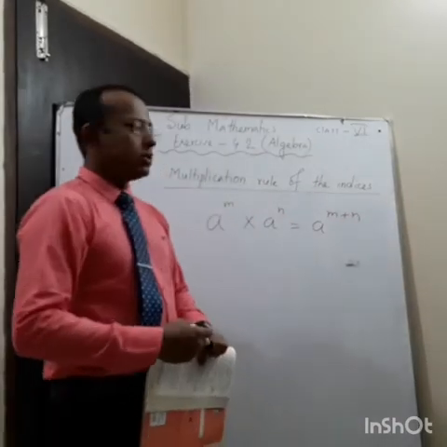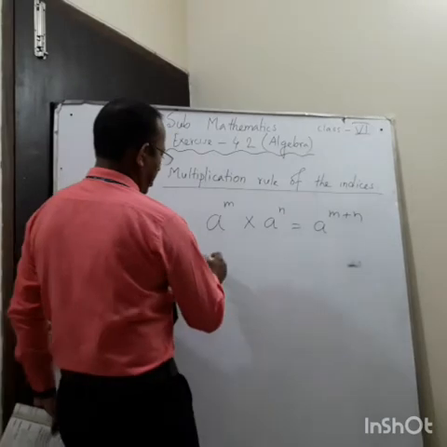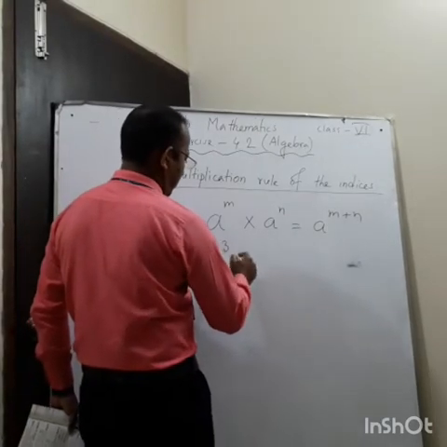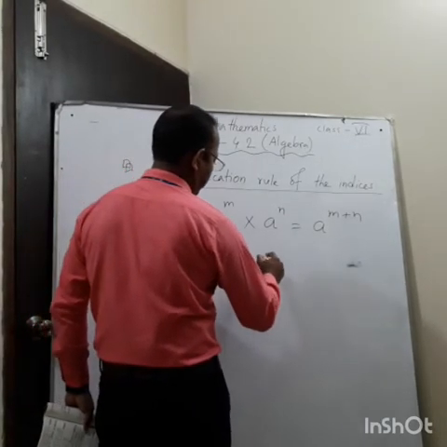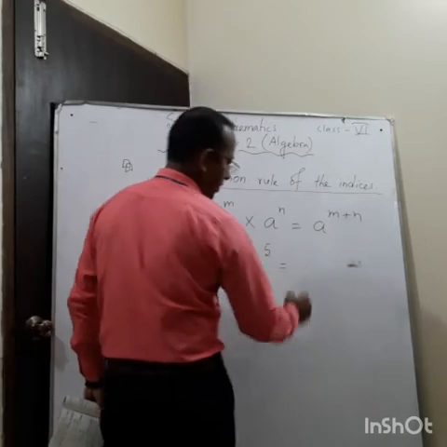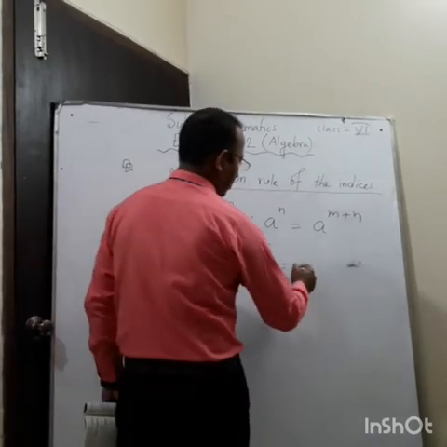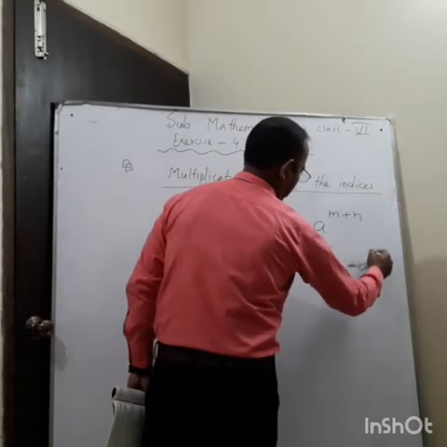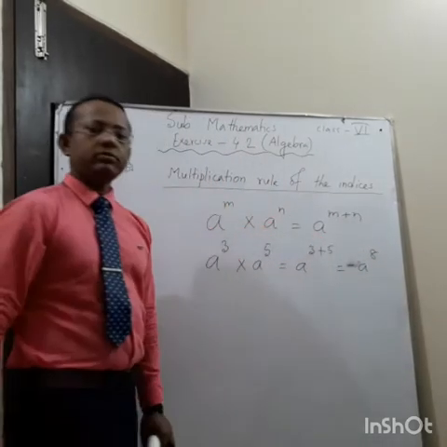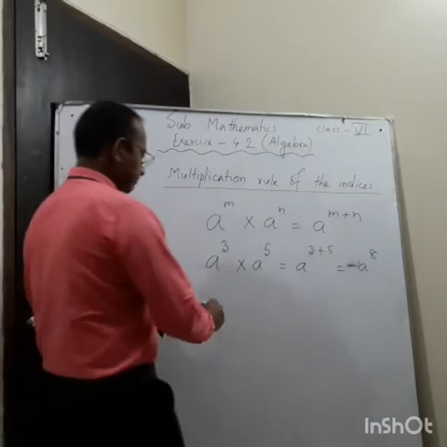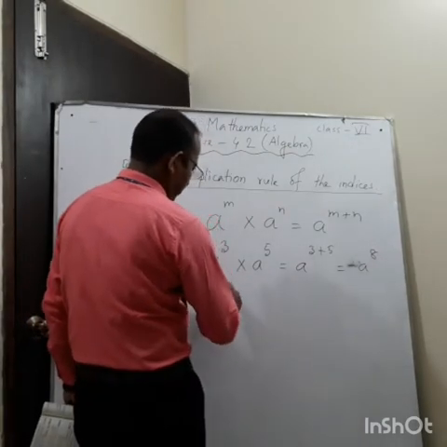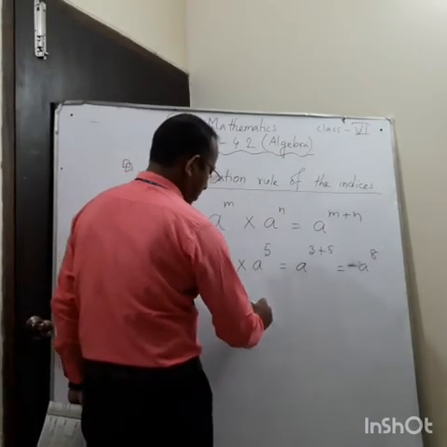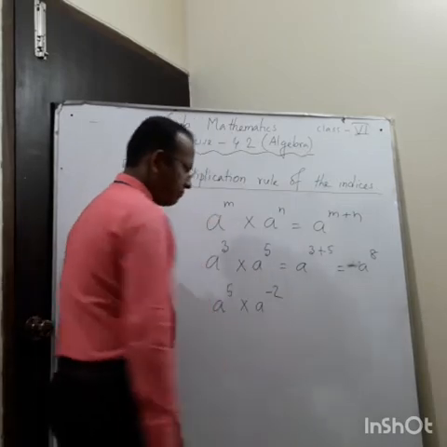Now, dear students, if it is a to the power 3 into a to the power 5, it will be a to the power 3 plus 5, that is a to the power 8. Again, a to the power 5 into a to the power minus 2.